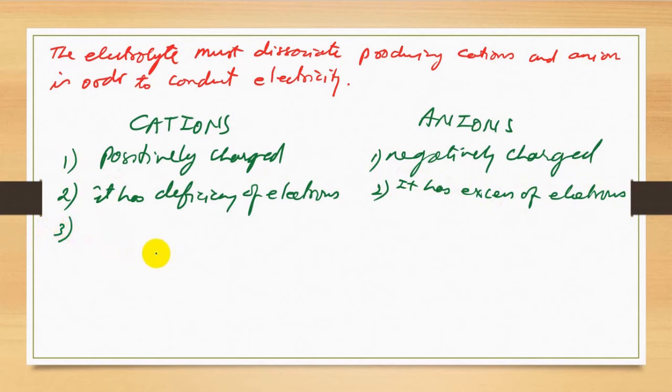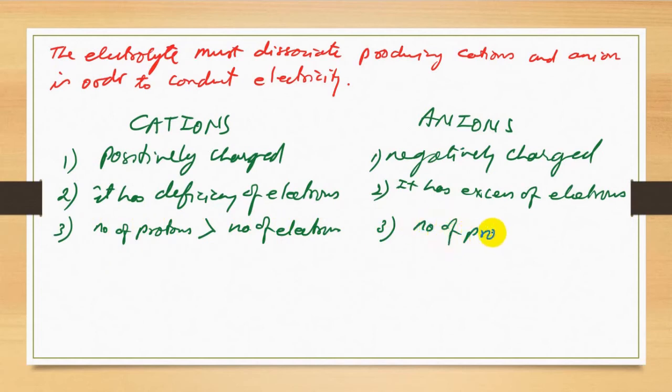Now since deficient and excess, if I compare them, in case of cation, the number of protons is more than the number of electrons, whereas in the other case, the number of protons is less than the number of electrons.